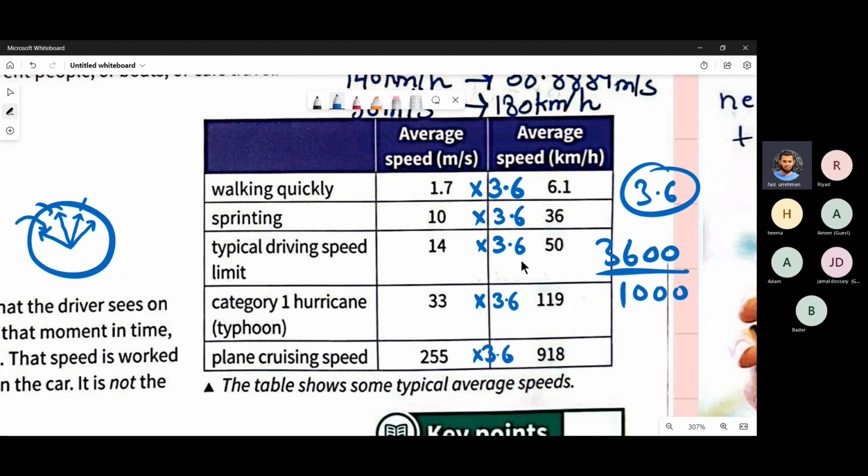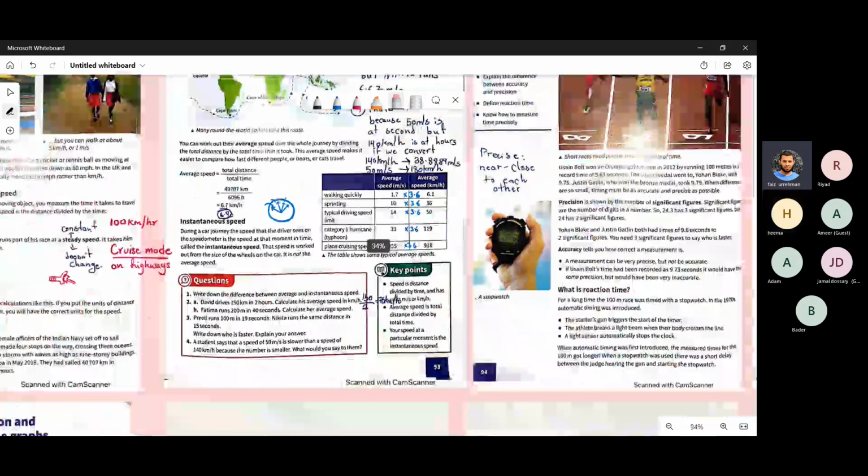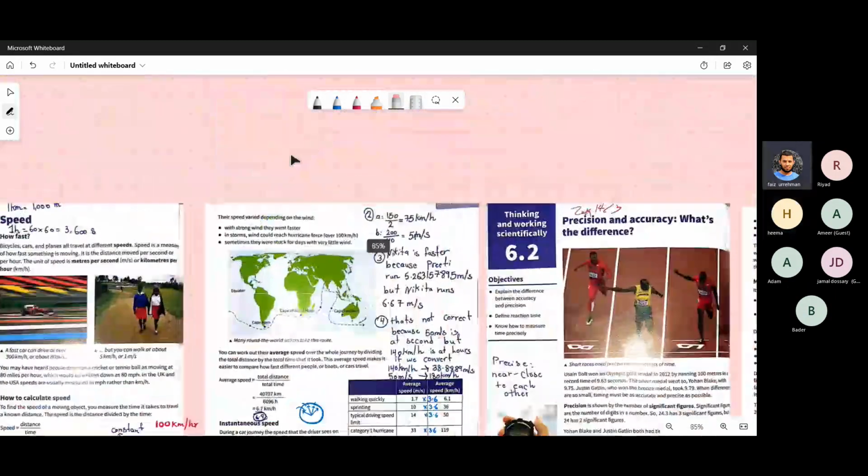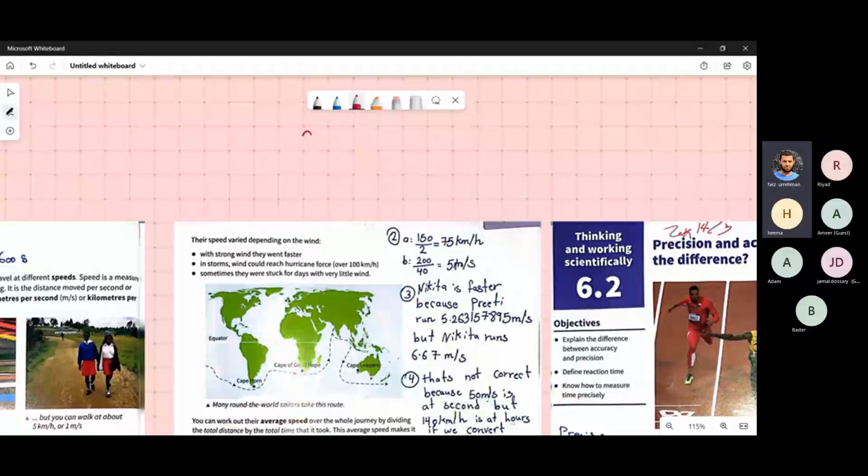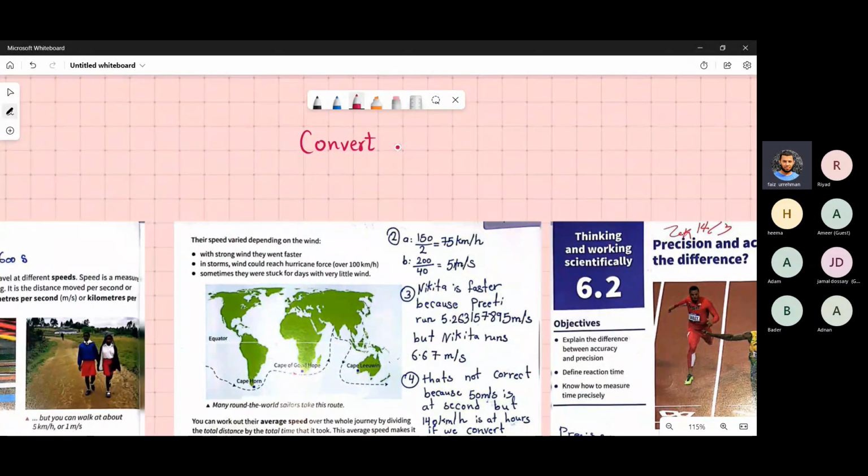So I will write it down. To convert meters per second to kilometers per hour, please note it down in your notebooks.